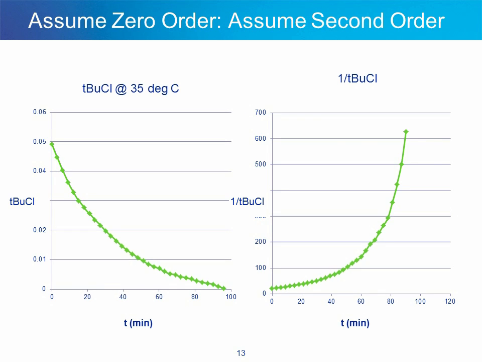So that shows that the data do not correlate well. On the right side, the students assume a second-order reaction, and they plot one over tertiary butyl chloride absorbance versus time. They also obtain a nonlinear correlation, which is evidence that the reaction is not a second-order reaction.